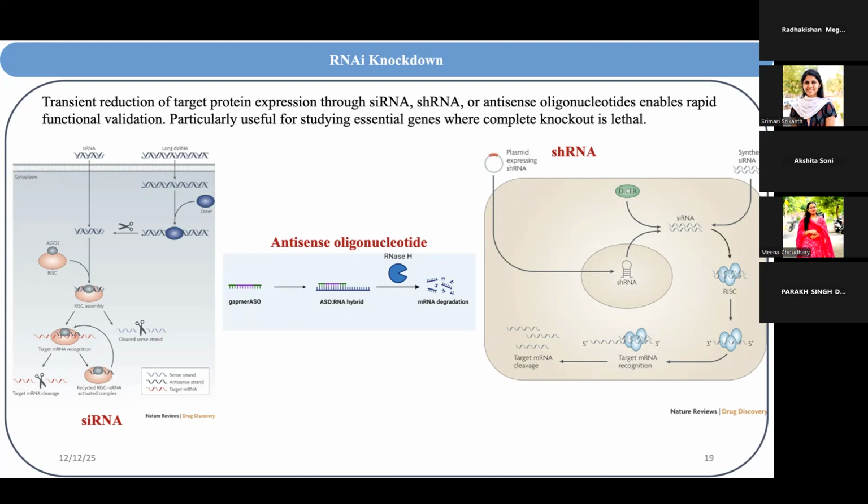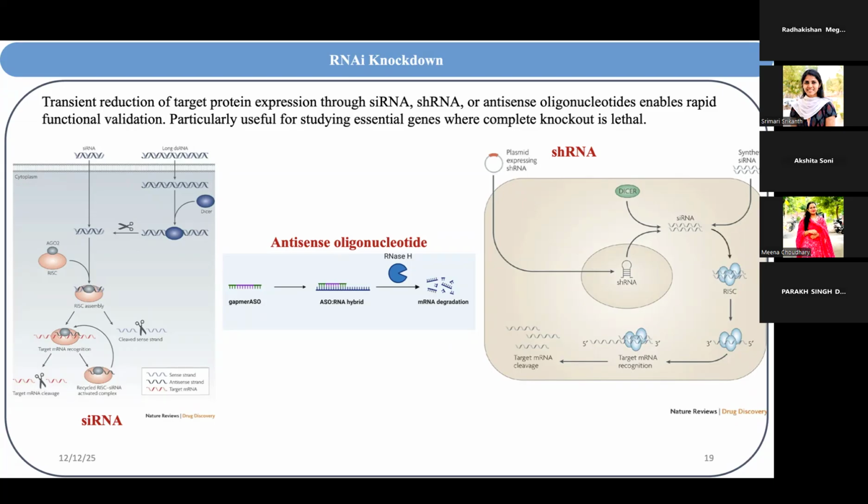But here the hairpin is encoded by DNA, usually in a vector, and expressed inside the cells as an RNA. The cell processes it into siRNA-like molecules. Because it is encoded, we can have a long-lasting knockdown as long as the plasmid vector persists inside the cell.